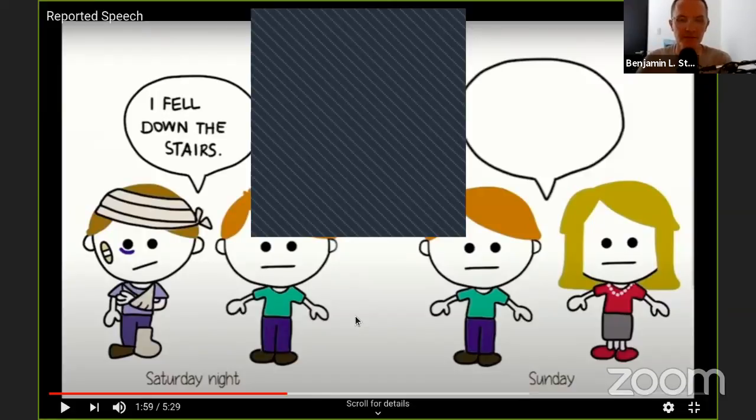Any ideas? Okay, my son told me that he had fallen down the stairs.